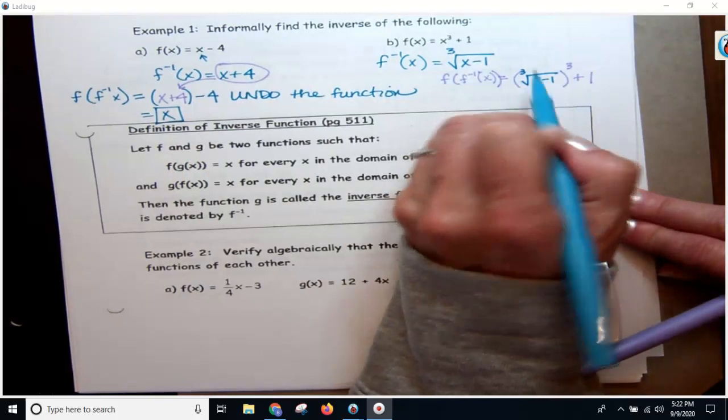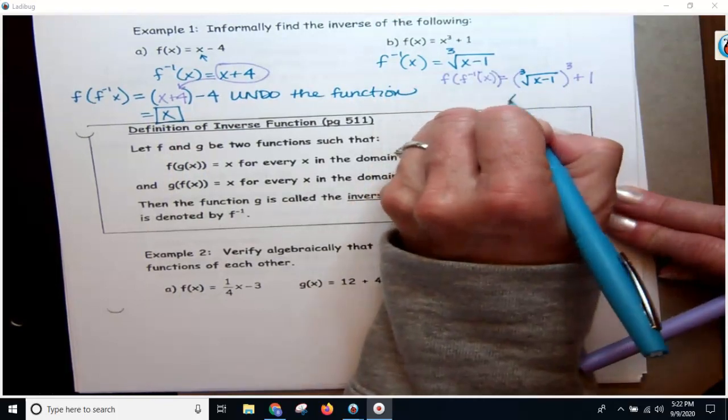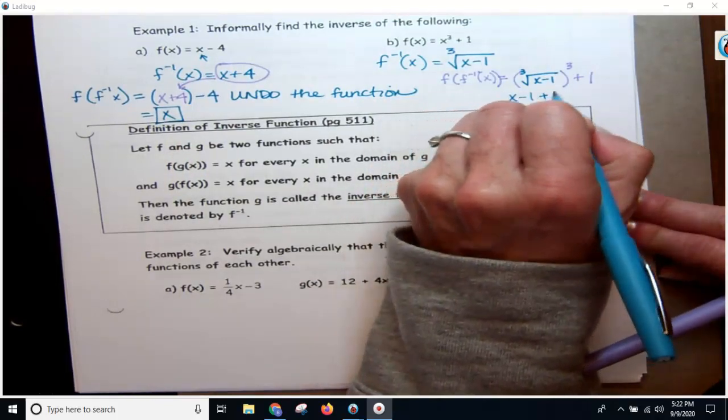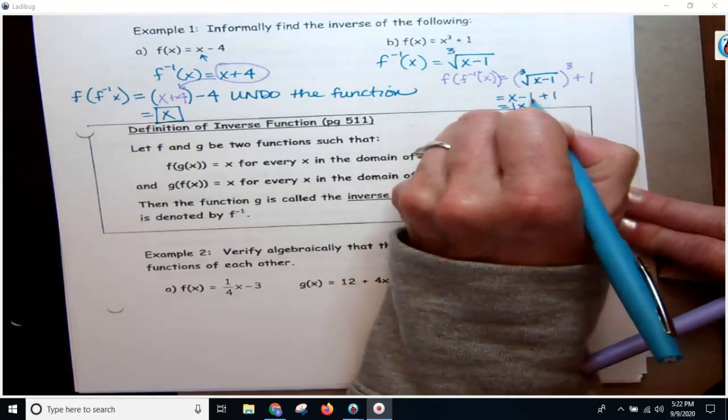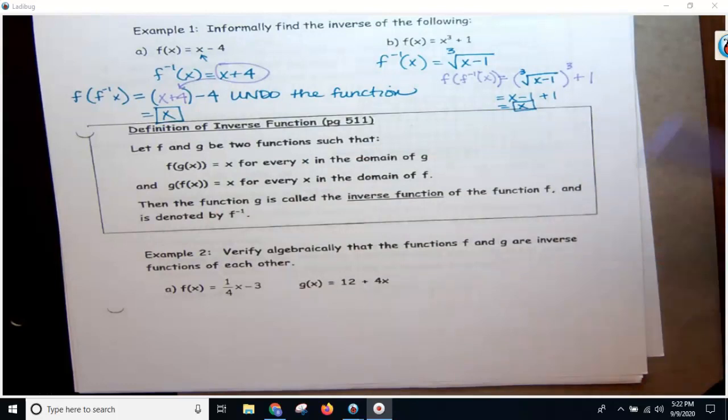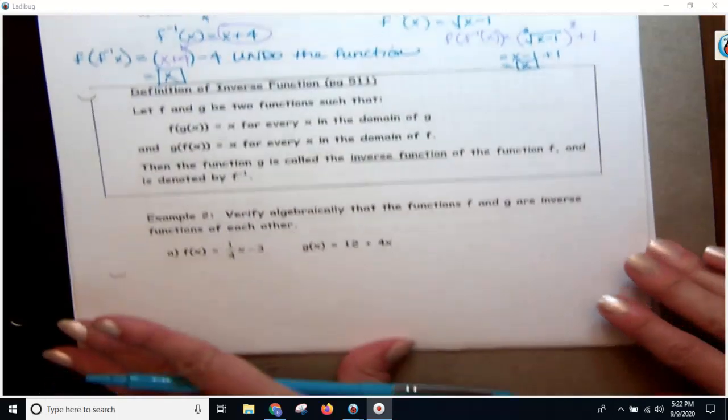So when I cube this whole thing, I'm going to get x minus 1 plus 1, which of course equals x. So that is how you make sure that it is a function. So we're going to talk about that in a minute.